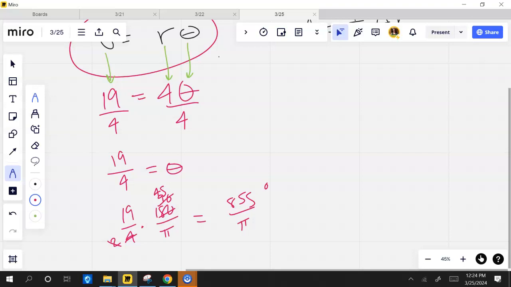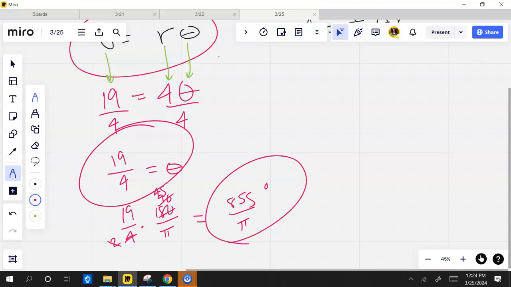That's right. 45 times 20 would be 900. Let's take out 45. I was just doing it in my head. On your calculator, you could just say 19 times 180 divided by 4.